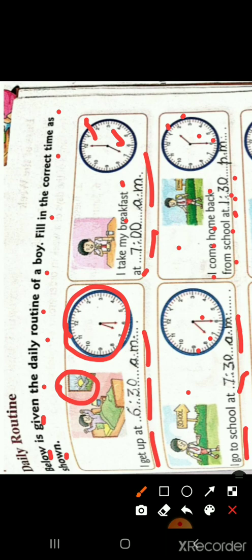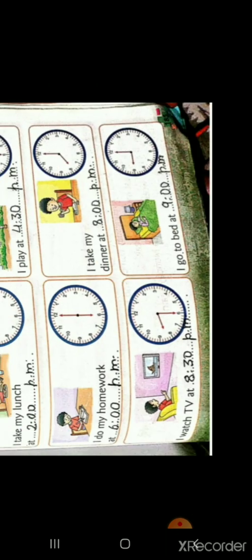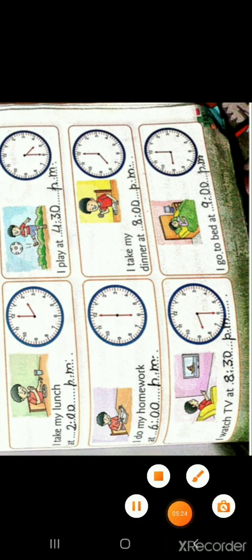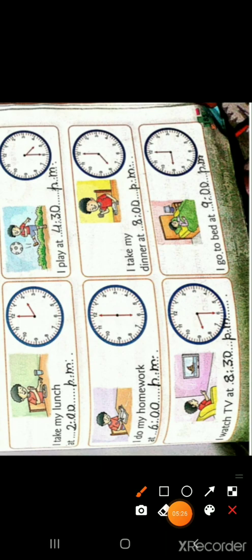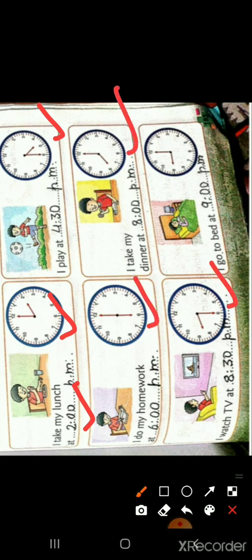It means 1:30. But it is after 12, so you will write here p.m., not a.m. Like this you will do the other exercise also. You will see the clock and write the time by seeing the clock. Okay, students.